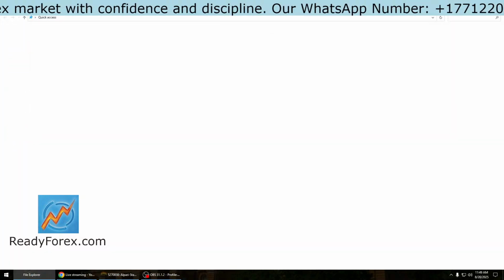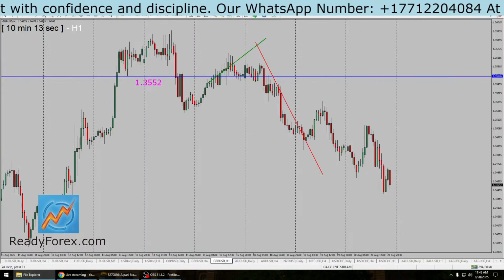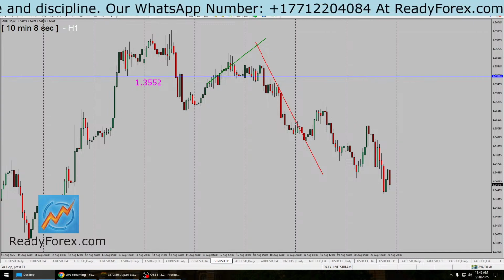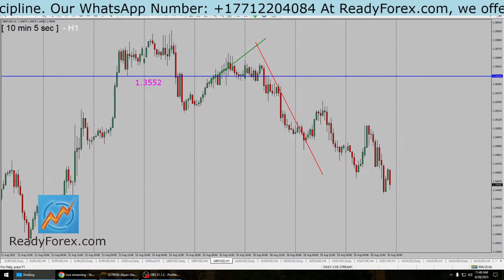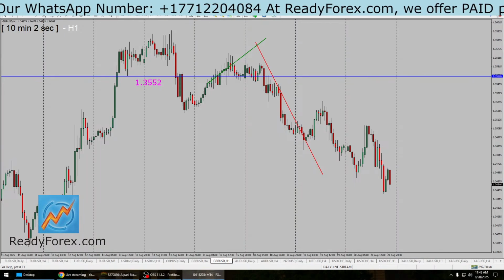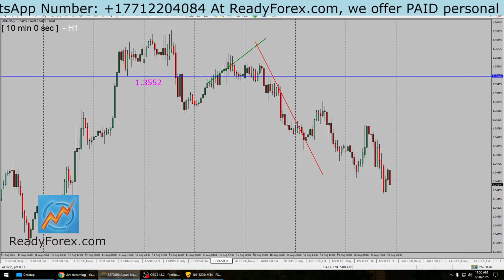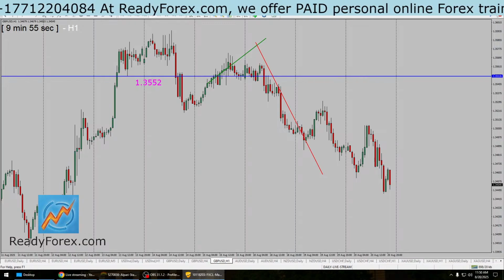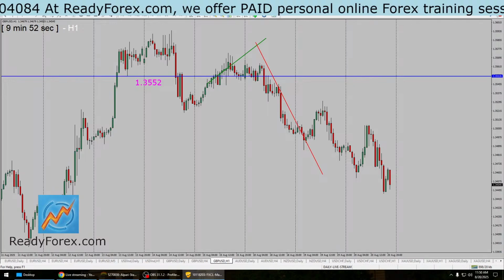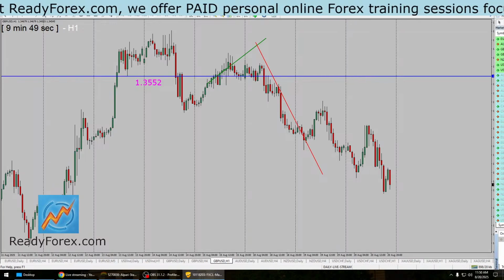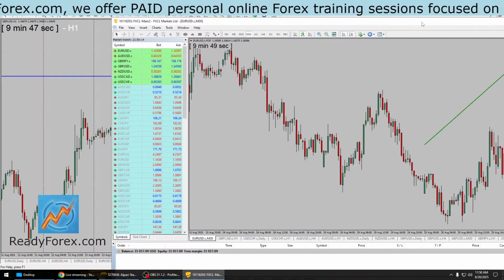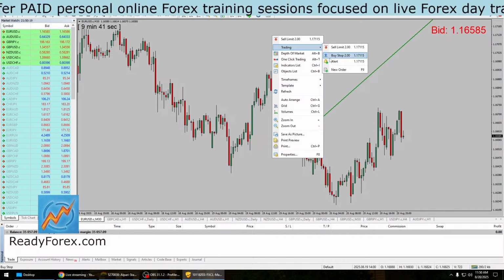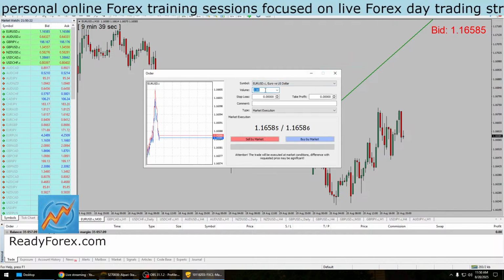So what I'm going to do is, let me go over to the desktop over here, and go over to the euro. I'm going to look for a possible sell trade in the Euro USD currency pair.